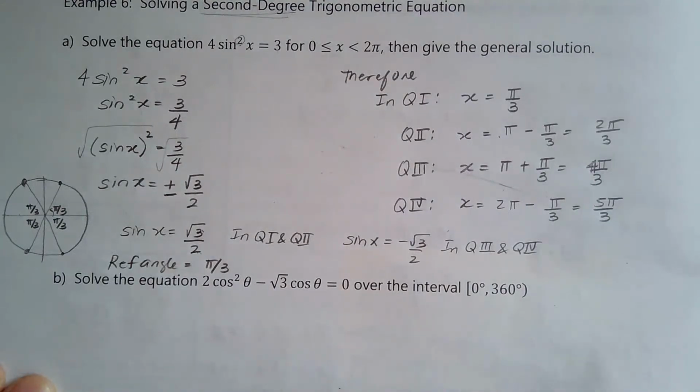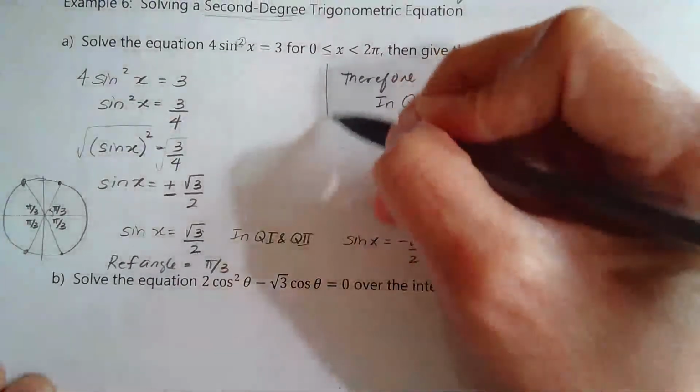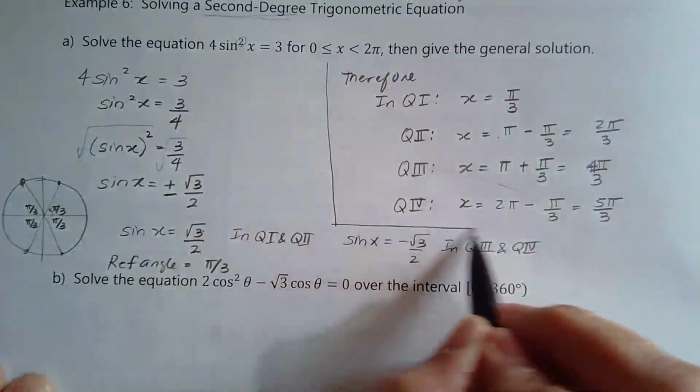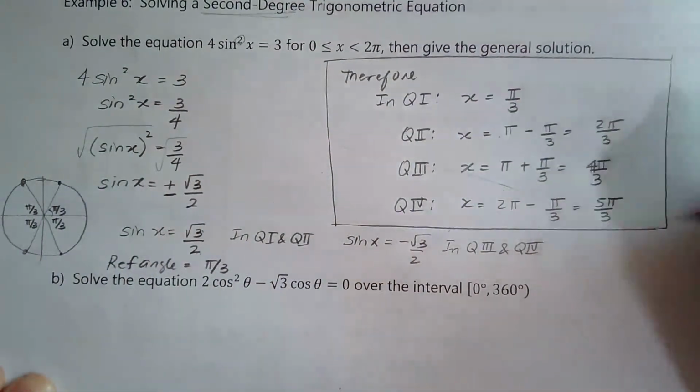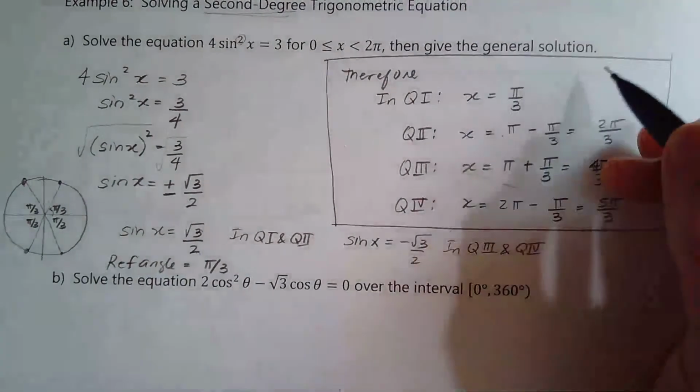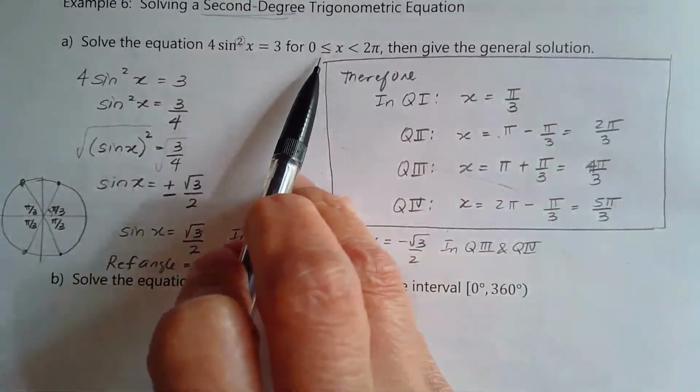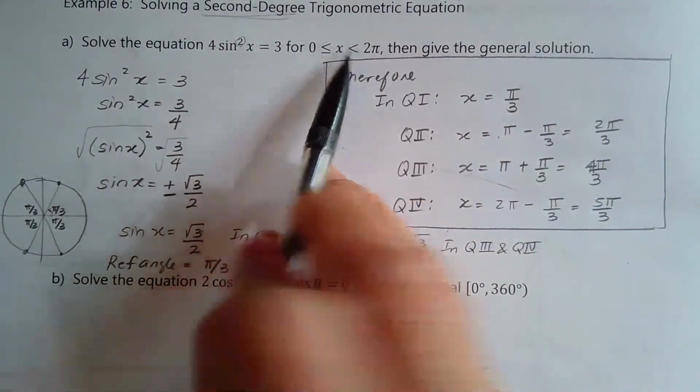So in this particular case, we have 4 solutions, and these are the solutions. All of these are within the domain 0 to 2 pi.